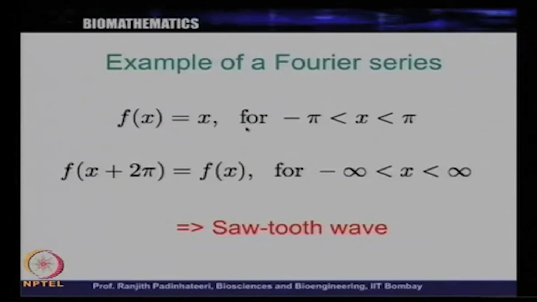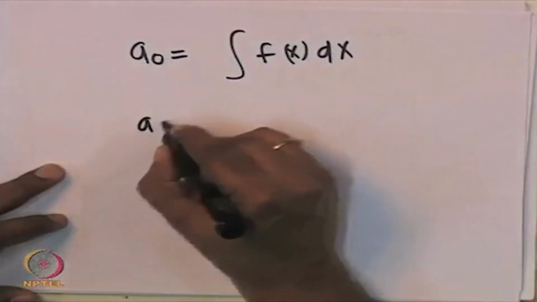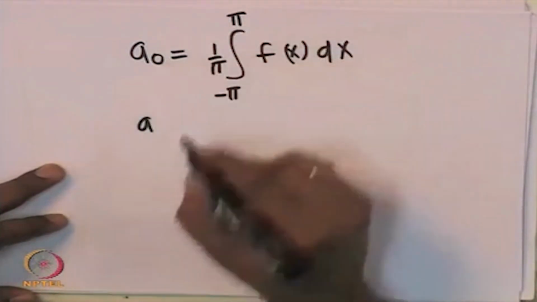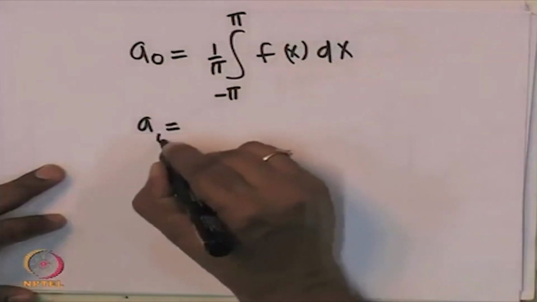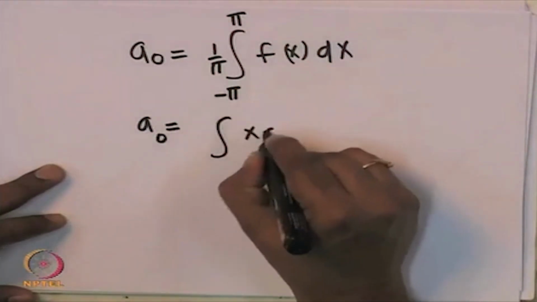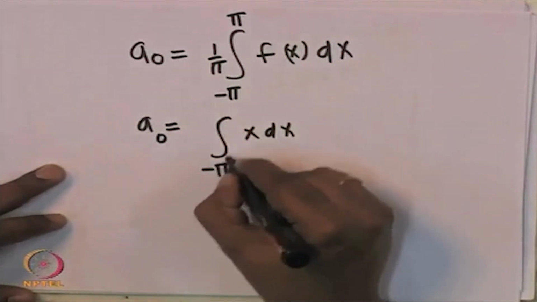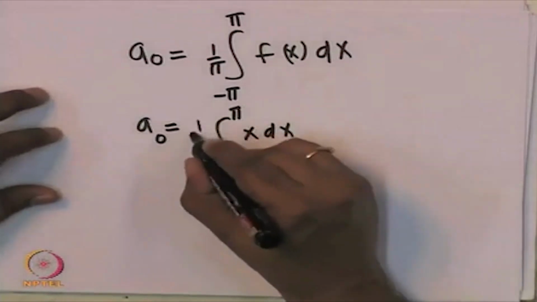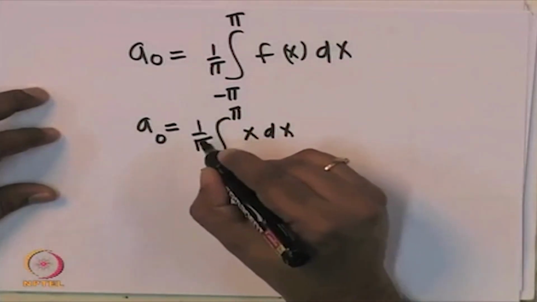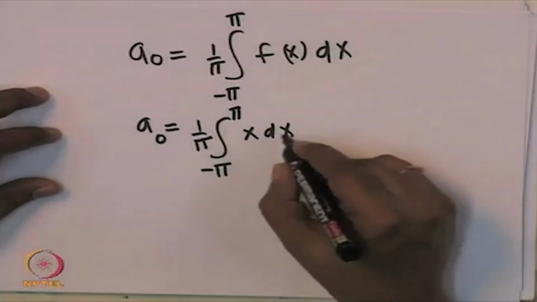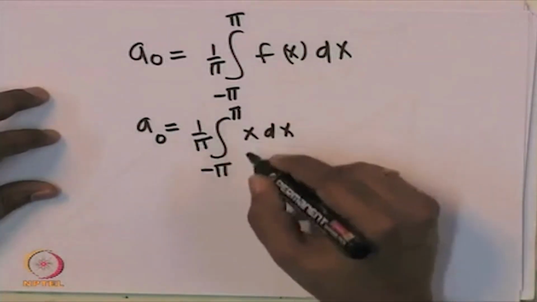A 0 is, by definition, 1 over pi times the integral of f of x, which is x, x dx between minus pi and plus pi. Now, what is this integral of x dx between minus pi and plus pi?